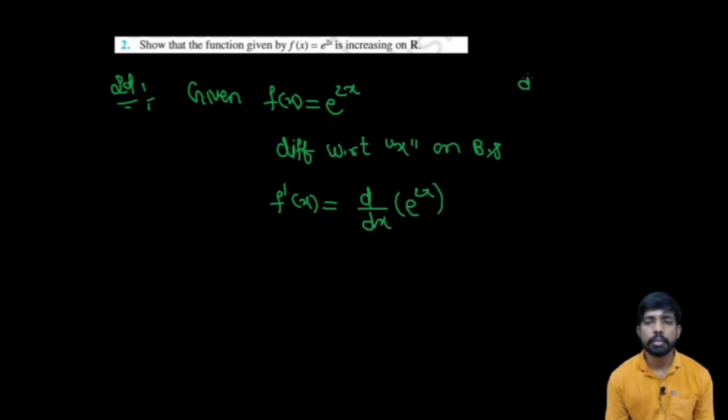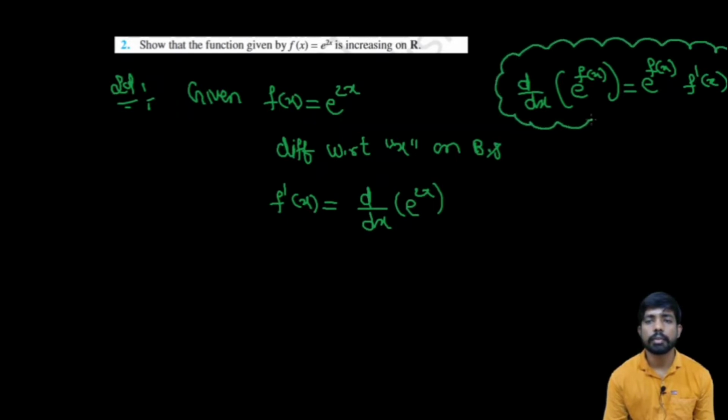Differentiation of e to the power of f of x is e to the power of f of x into differentiation of f of x, f dash of x. This is the formula. So here, e to the power of 2x.